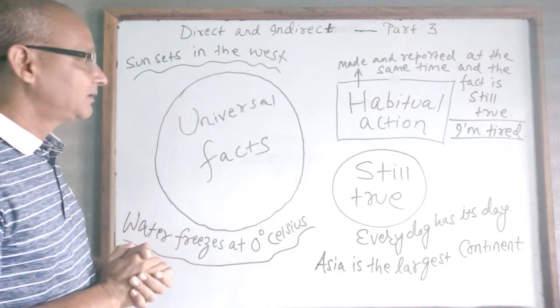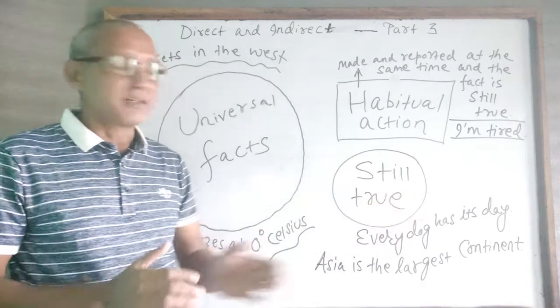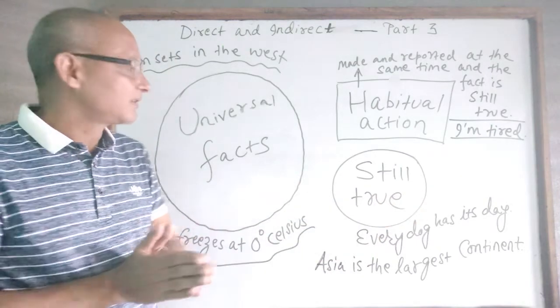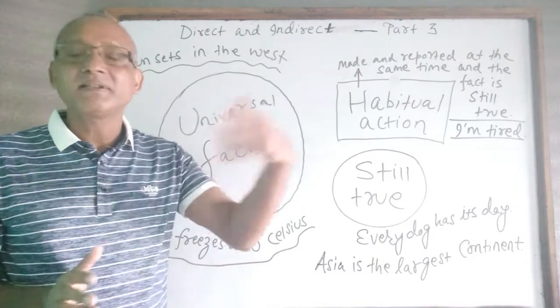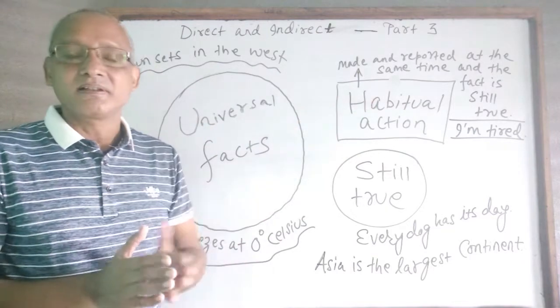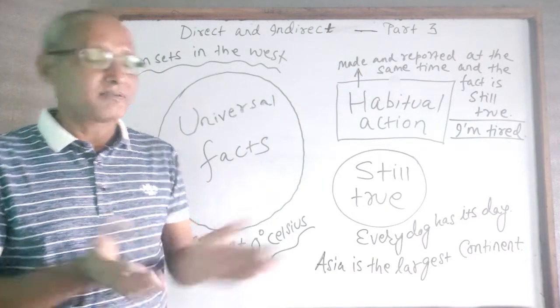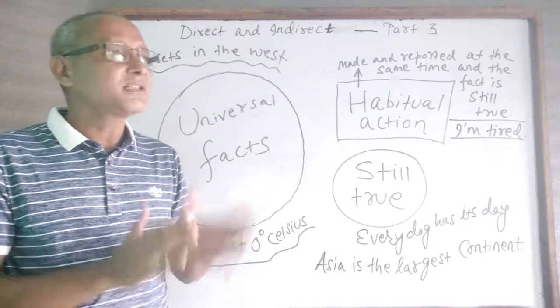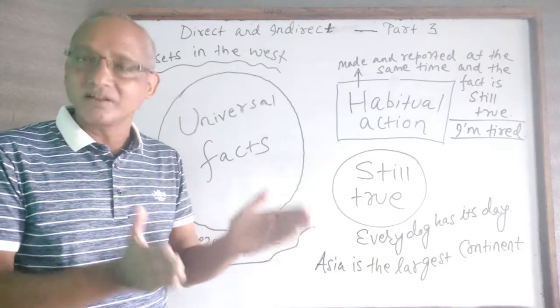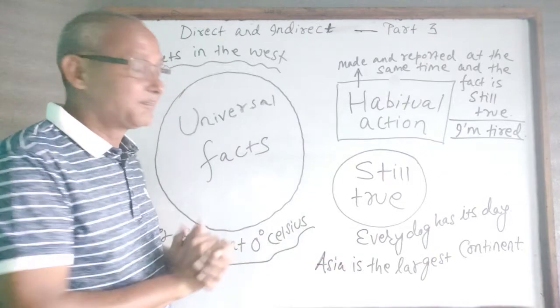For example, Asia is the largest continent. Till now, Asia is the largest continent, and it's still true. So somebody says, the teacher said, Asia is the largest continent. And when I have to bring it into indirect, I would say the teacher said that Asia is the largest continent. It remains the same.